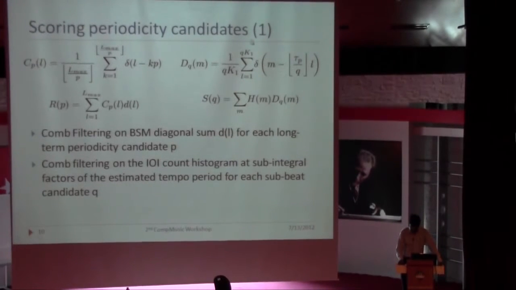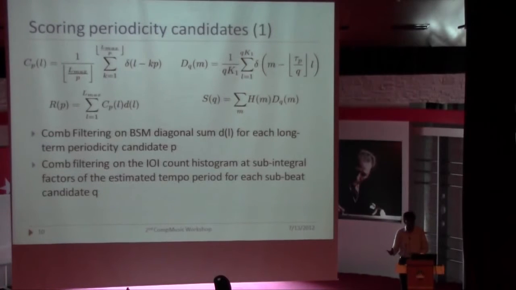And then this is what is looking at the subbeat structure. We go back to the original histogram which we saw, take the tempo period and zoom into the tempo period by a factor of q. So if we are looking at a subbeat structure of 3, we would look at every 1/3 of the tempo period and see if there's a structure there.